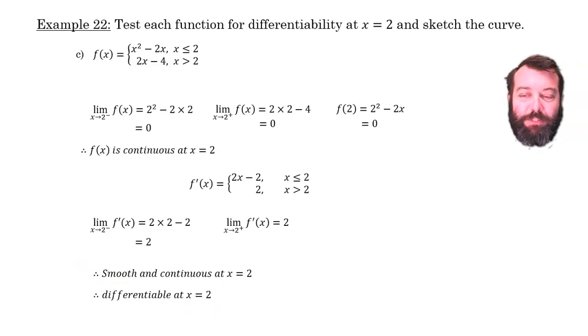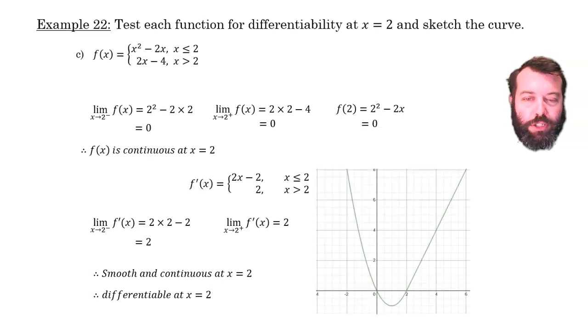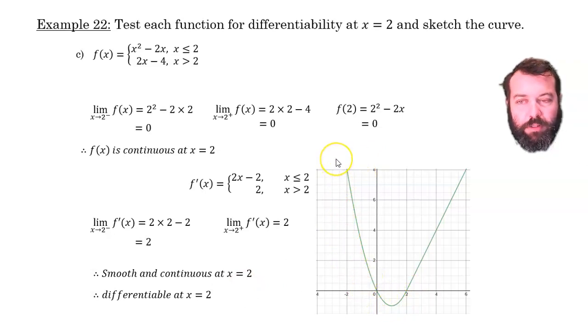Here it's differentiable. Here's a sketch. Made it a little bit smaller this time. Now you see here, that part there is curved. That's my x squared minus 2x. It comes through there, and after that point it continues smoothly along, but in a straight line after x equals 2 at a constant gradient of 2.